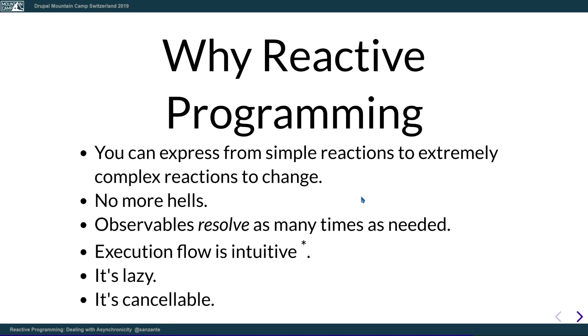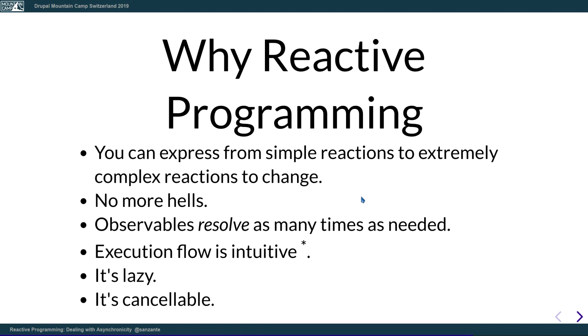So I think with those examples you can more or less understand how reactive programming works and how powerful it is. I want to add some final notes. First of all, why use reactive programming?